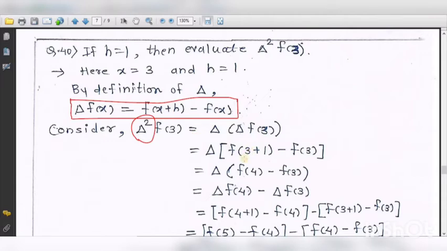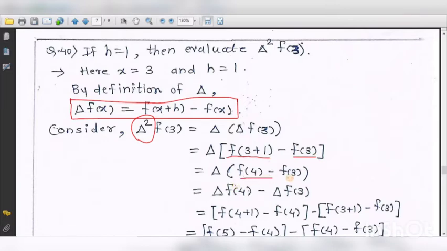Use the definition. Delta f of 3 means just substitute x equals 3 in this formula. Wherever there is x, we will put x equals 3 and h equals 1. So using this, we get f of 3 plus 1 minus f of 3. F of x plus h means f of 3 plus 1 minus f of 3.